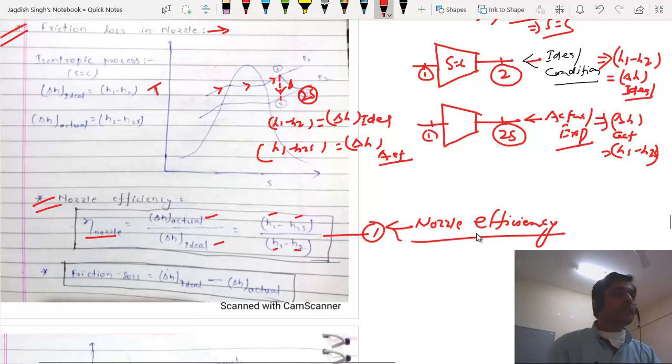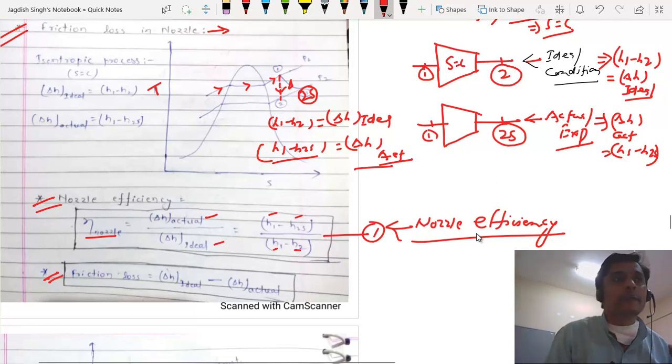And the friction loss: the actual enthalpy drop is H1 minus H2S, this is del H actual, when the process is not isentropic. But in ideal condition, it is assumed that the process is isentropic. So what is the loss due to friction?